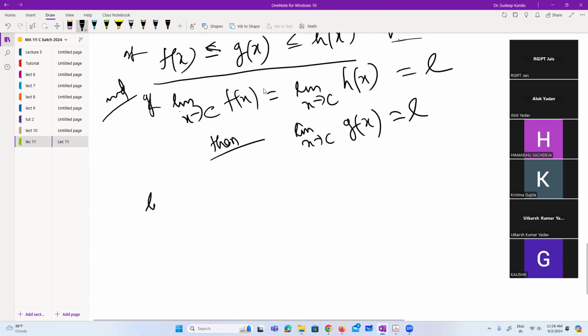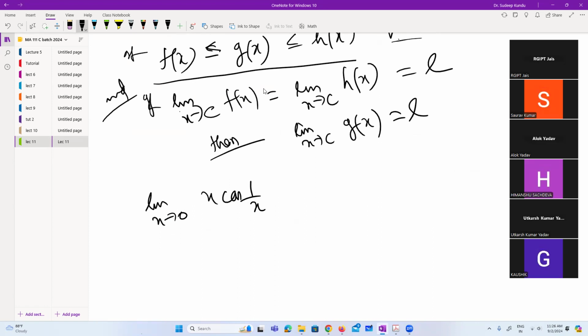So suppose the limit as x tends to 0 of x cos 1 by x. Does this limit exist? Suppose you have to show it using the sandwich theorem.